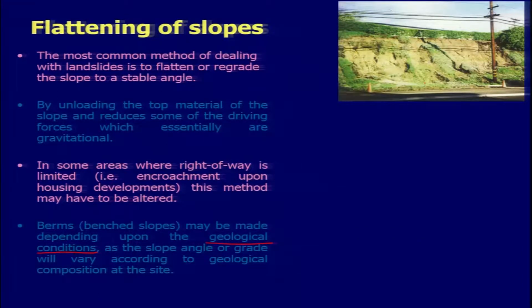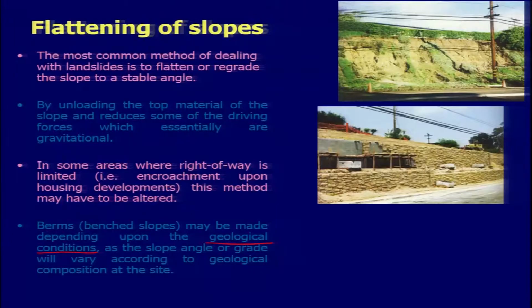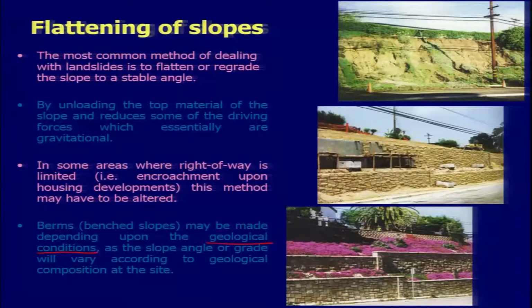So, the example which has been shown here is very simple. It is not a very huge landslide material which can come down, but the way it was done: it is a combination of two. The reduction of the slope, putting retaining walls here to protect the slide or stop the slide further, and along with that putting vegetation here.